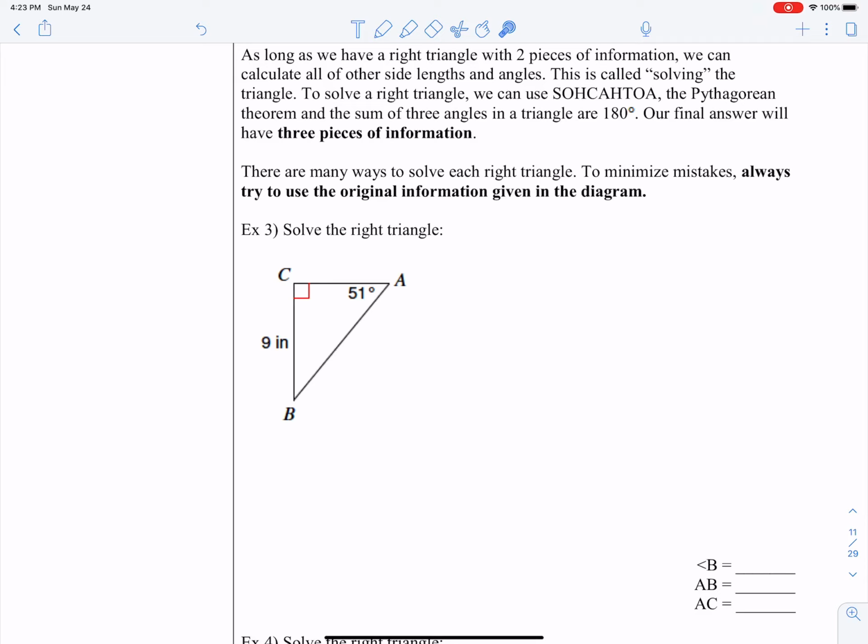Okay, so solve this right triangle. We're starting off, we have 9 inches over here and 51 degrees here. So our first step is we are going to label our triangle.